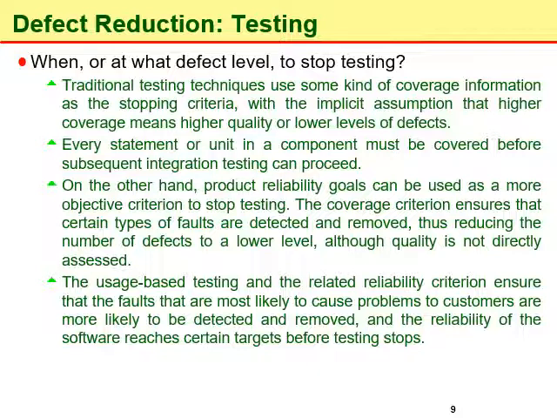The usage-based testing and the related reliability criteria ensure that the faults that are most likely to cause problems to the customers are more likely to be detected and removed, and the reliability of the software reaches certain targets before testing stops.